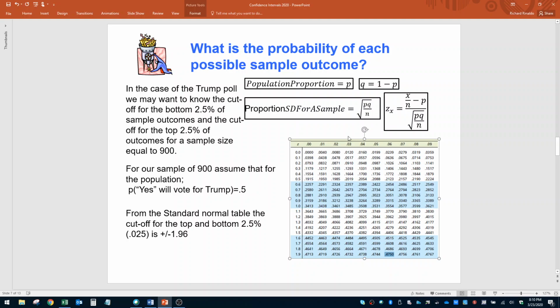So I know this value here is plus or minus 1.96. I know p is 0.5, q is 0.5, and n is 900. And I know that this value is 0.5. I'm going to solve for x over n.